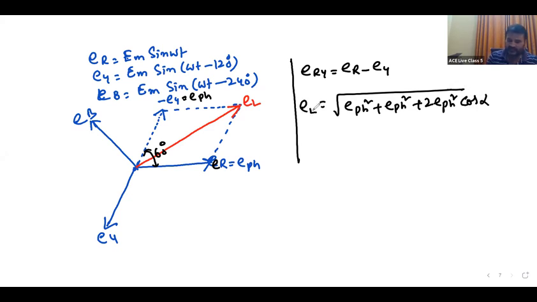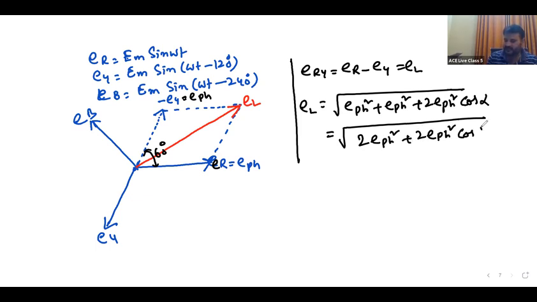So EL is equal to the square root of EPH square plus EPH square plus 2 EPH square cos alpha. That is 2 EPH square plus 2 EPH square cos alpha.